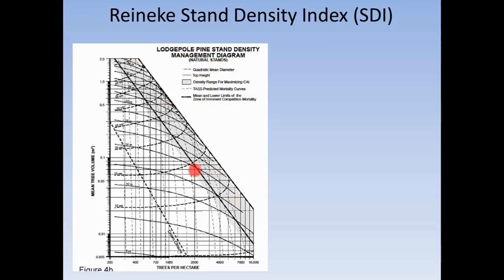This gray area is the area where we're going to maximize current annual increment. So that's that flat spot on the Langsaeter curve, and as long, presumably, as we keep our density within this gray area, we're going to be in that flat area where we're maximizing productivity.